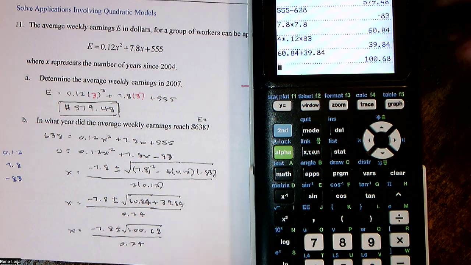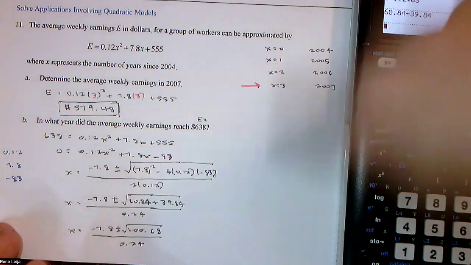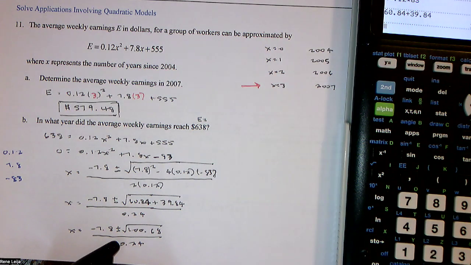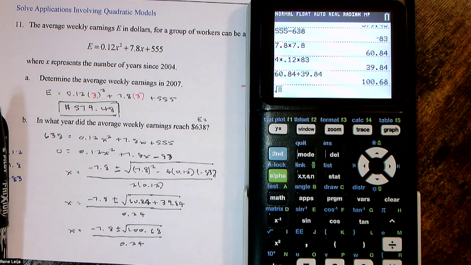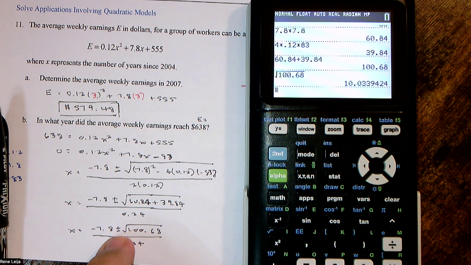Now, let's think about this for a minute. If we're looking for x, I cannot have x equal a negative number, right? So I'm first just going to check what the square root of 100.68 is. That's approximately a little more than 10. So I'm not going to do negative 7.8 minus this radical, because that's going to give me a negative number divided by a positive, which is negative.